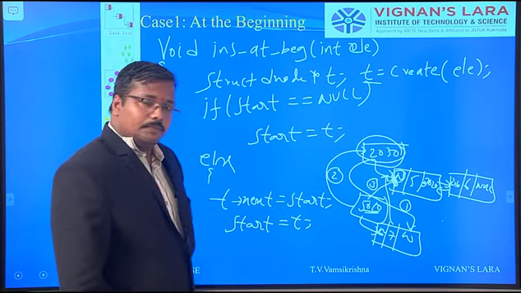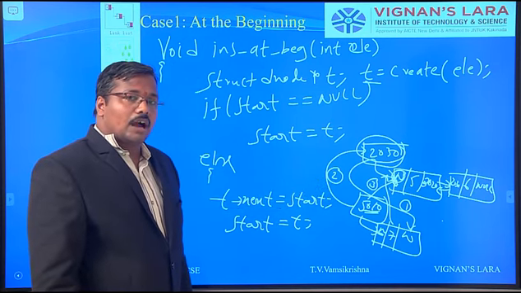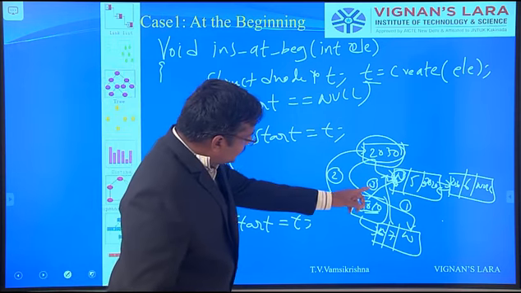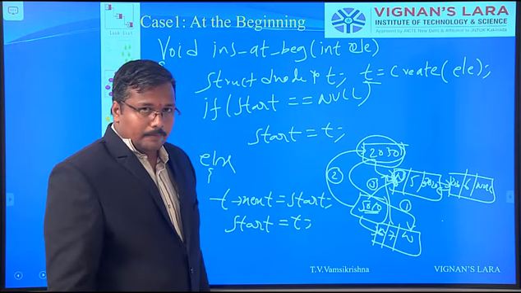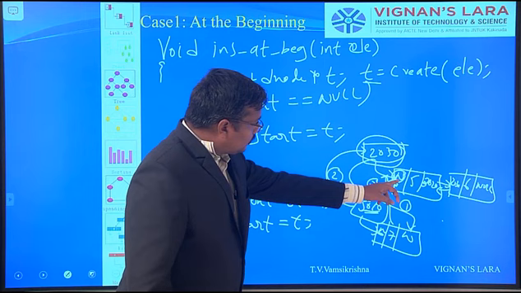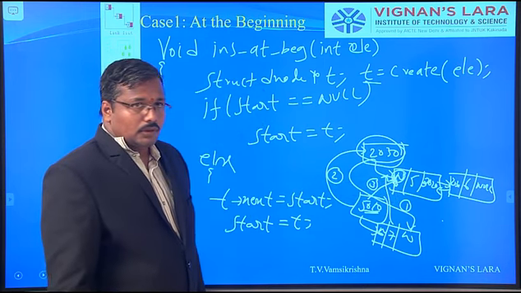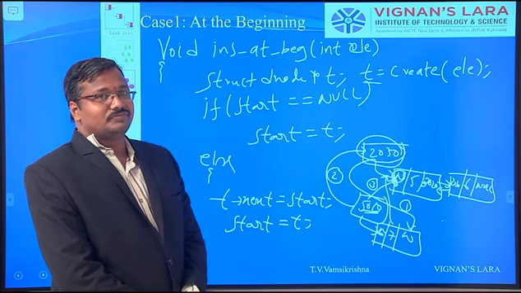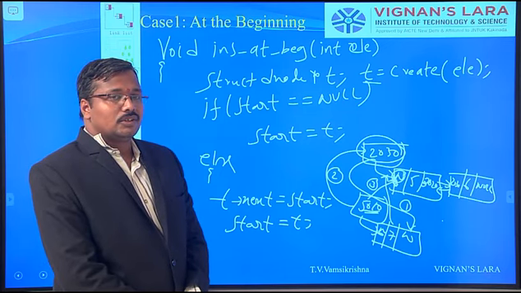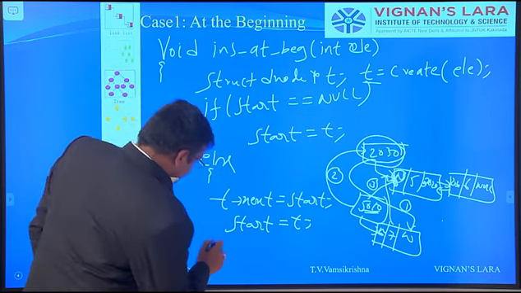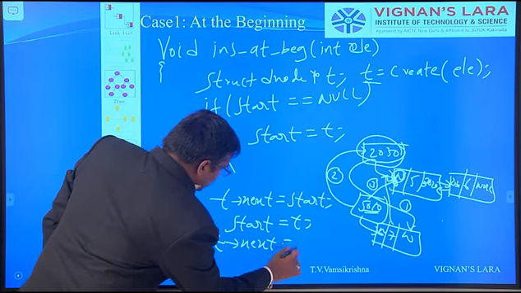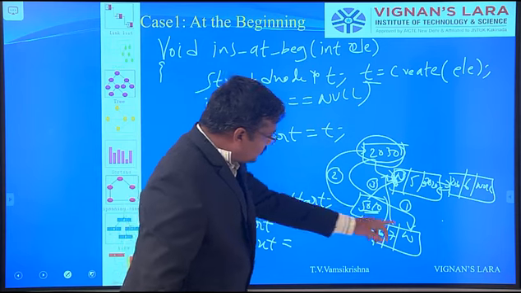This is the second. What is the third one we have to do? In the third case, here we want to change the previous node address. At this time start has 5010. So what do I have to do? T of next means 5010 of next.